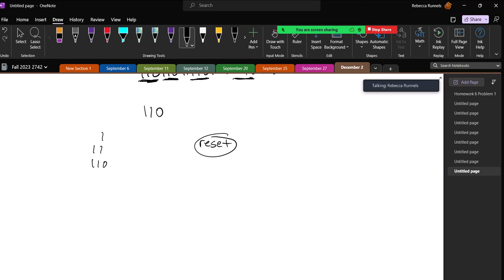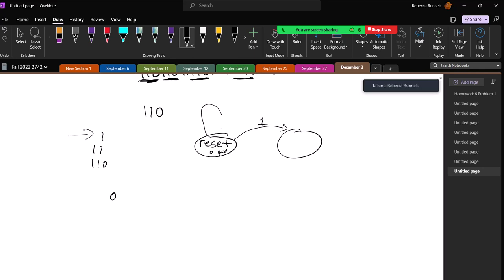So if all I have is a 0, I haven't gotten anywhere. So this reset is the same as having a 0, and also my output is 0, whatever I want to call my output. So at this point, I have nothing. But if I get a 1, then I have made it to this first step here.